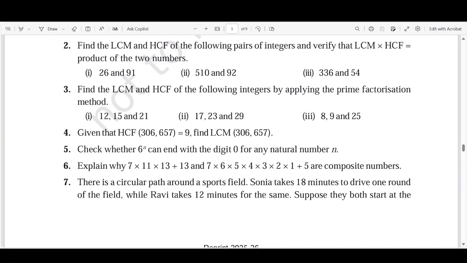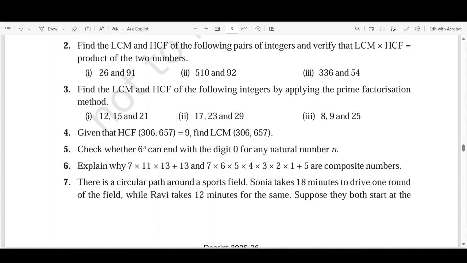Question number 4. Given that the HCF of two numbers 306 and 657 is 9, we have to find the LCM of the two numbers. Now we can easily apply the result what we have discussed earlier, since we have only two numbers.